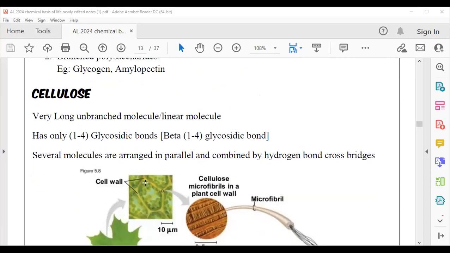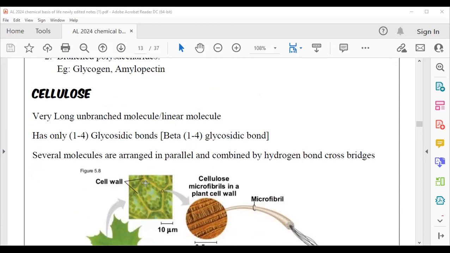Right. Now we come to a small briefing regarding cellulose. Cellulose is a linear polysaccharide. If it is a linear polysaccharide, what kind of glycosidic bond should be there? 1,4-glycosidic bond should be there.